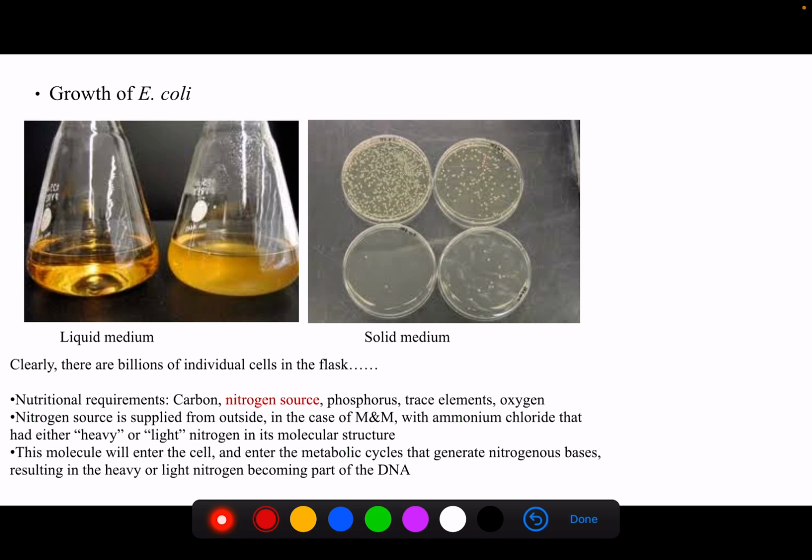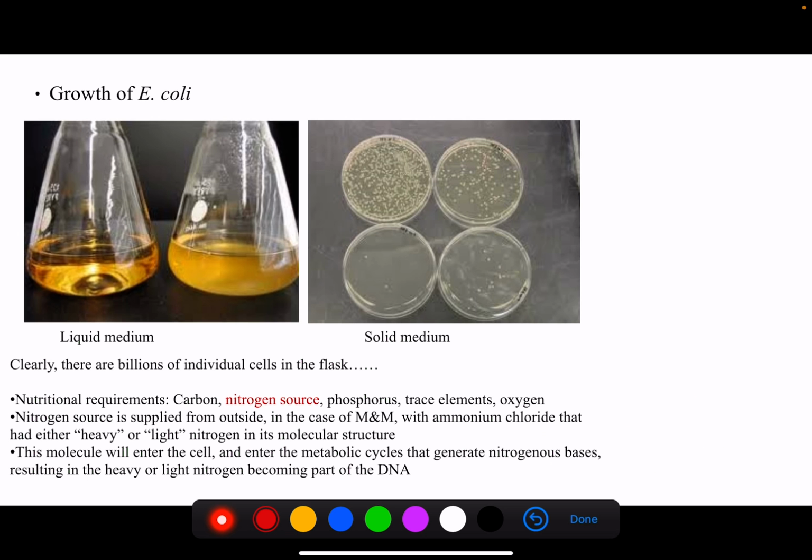So the only nitrogen source was this ammonium chloride that had either heavy or light nitrogen in its molecular structure. This molecule will enter the cell, enter the metabolic cycle, and generate nitrogenous bases important for DNA, right?